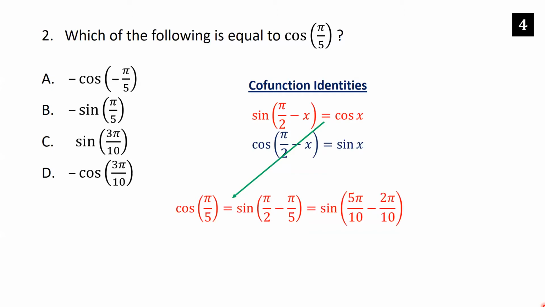Getting a common denominator of 10, if we multiply pi over 2, the top and the bottom by 5, that becomes 5 pi over 10. And if we multiply the top and bottom of pi over 5 by 2, we get 2 pi over 10. And now it's very easy to subtract those to get sine of 3 pi over 10, which is choice C.